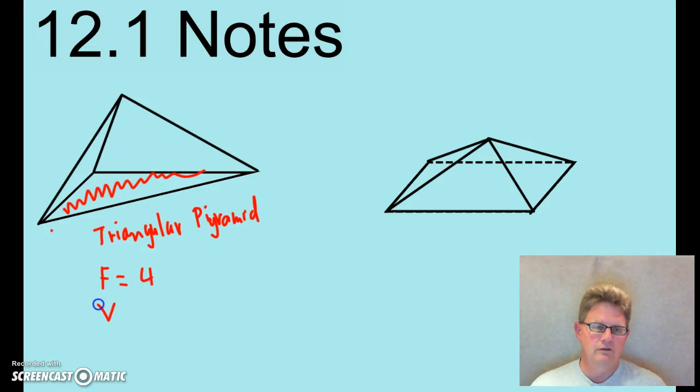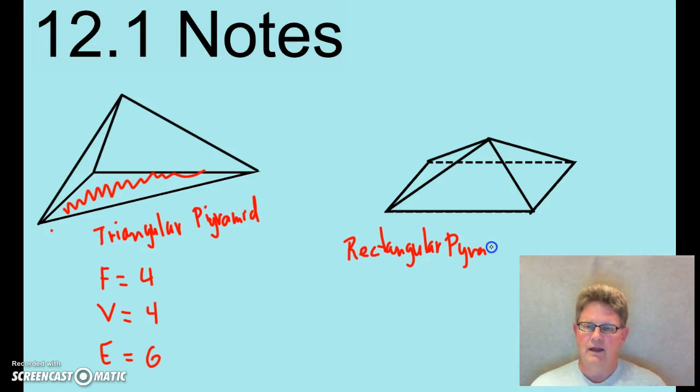How many vertices does it have? It has 1, 2, 3, 4 vertices. So that means it should probably have 6 edges. 1, 2, 3, 4, 5, 6. It does. Sweet.